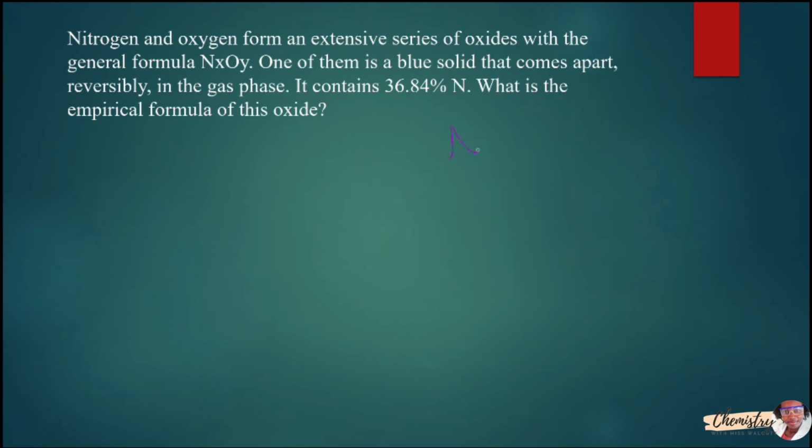Again, we can draw our two columns. We know that one element is nitrogen and the other is oxygen. Our first step, we equate percent to mass, and it tells us that the percent of nitrogen is 36.84, but it does not tell us the percent of oxygen.